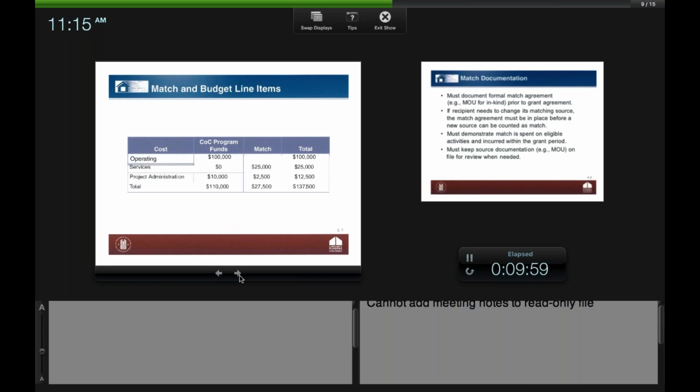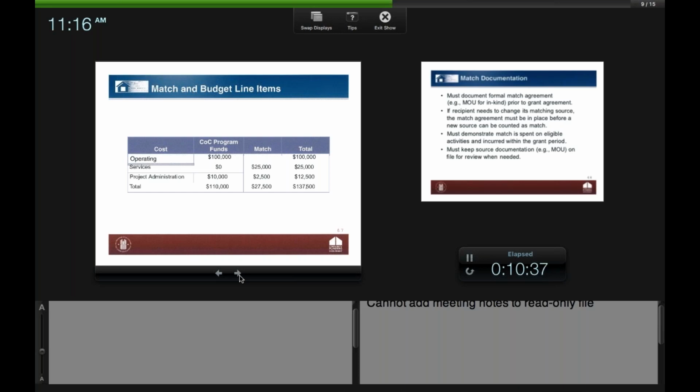Similarly, as we look at match and budget line items, as indicated, your match obligation is the full grant and not specific to budget line items. In this example, you have operating, supportive services, and project admin. Budget total is $110,000. Your match liability, in this example, is $27,500, which is 25%.